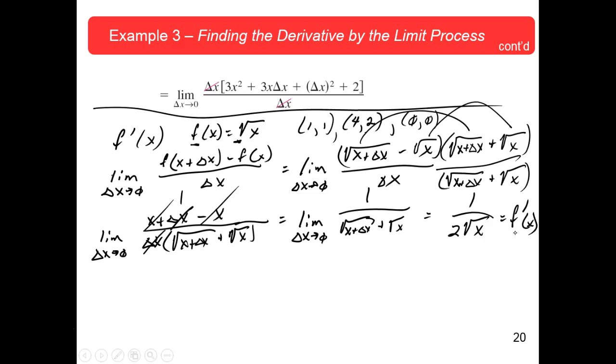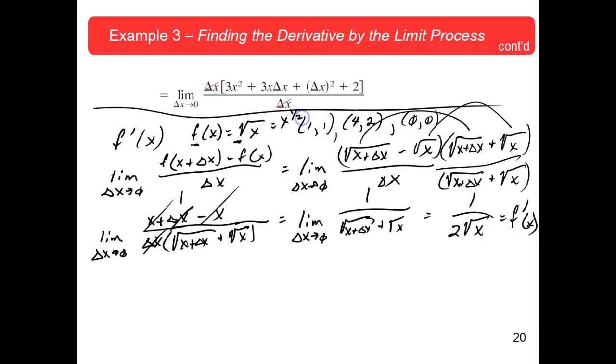Now, I really want to do this, and it probably doesn't make any sense to you why I would. But what I want to do is express this in exponential notation. What is square root of x in exponents? x to the what exponent? Anyone remember?